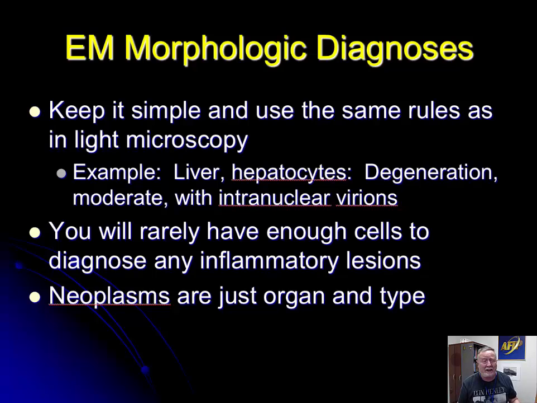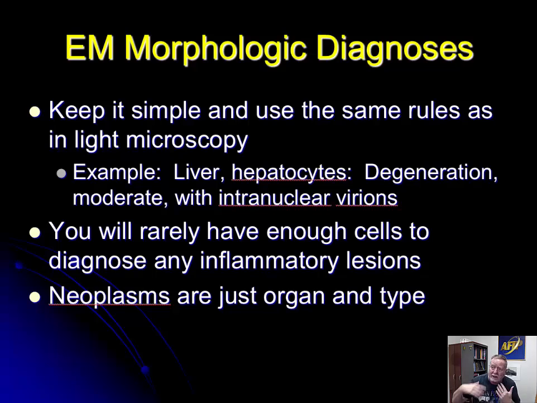I would like to say that all the EMs in the world are great. They're not. EM is a very difficult thing to do. Finding the beautiful images that you see in textbooks are literally hours worth of work, or maybe the most serendipitous thing that you pop down on the right field. But it's not common, and I've spent hours in the EM lab looking for that one good image.